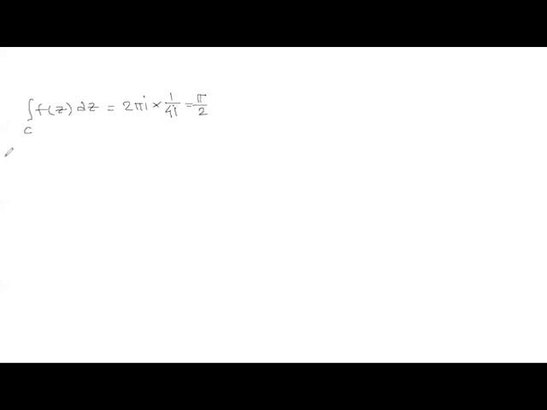Now this can be written as integral from minus R to plus R of dx by (1 plus x square) whole square, plus integral over C2 of dz by (1 plus z square) whole square, which is equal to pi by 2.